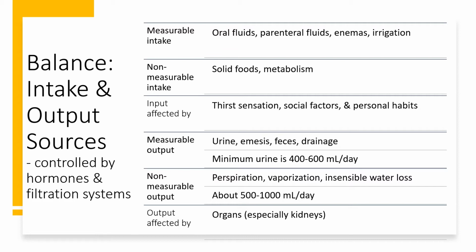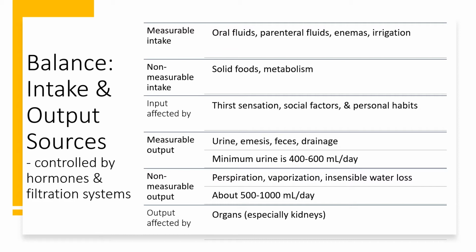fluid imbalance. Then non-measurable output, like when we perspire, any kind of vaporization that can happen, and also insensible water loss. So this is, again, not really able to measure, but it is something that we need to be aware of because the combination of these factors can contribute to 500 to 1,000 milliliters a day that we are getting rid of.